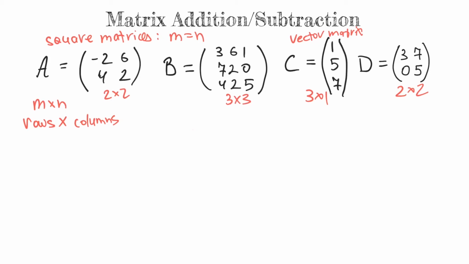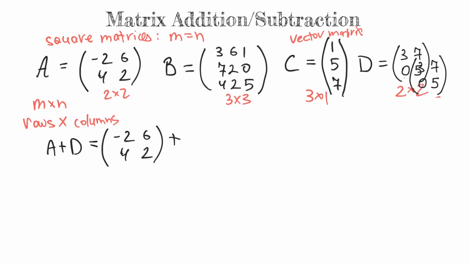And first we're going to add matrix A to matrix D. Let me just make duplicates here. So we're going to add matrix A plus matrix D, and let's see what we get.